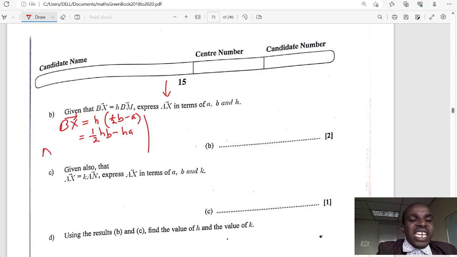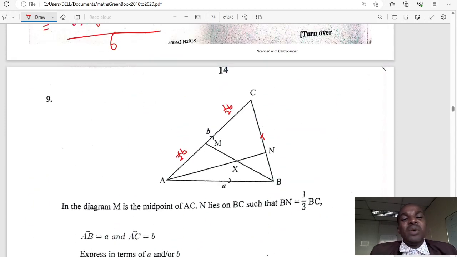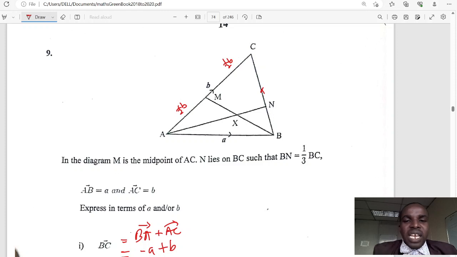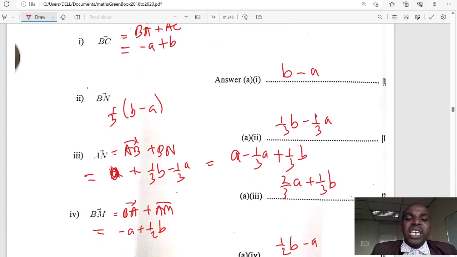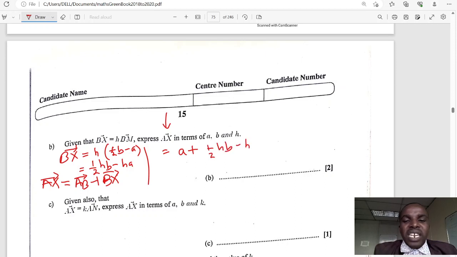But you have to find AX. So you find AX using the route through BX, because BX is the one that contains H. AX is AB plus BX. AB is A. Plus BX, which is half HB minus HA.